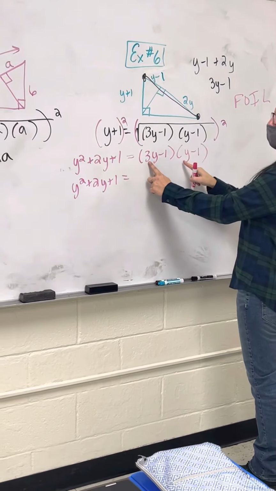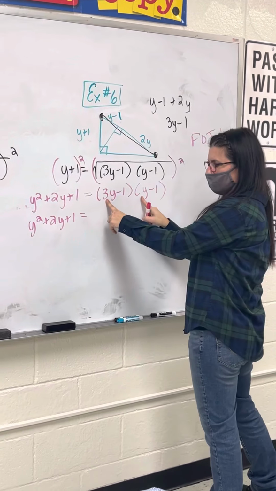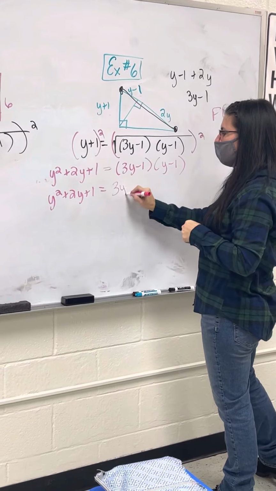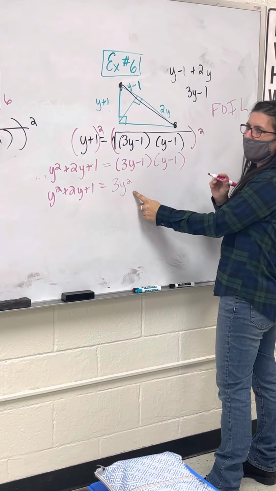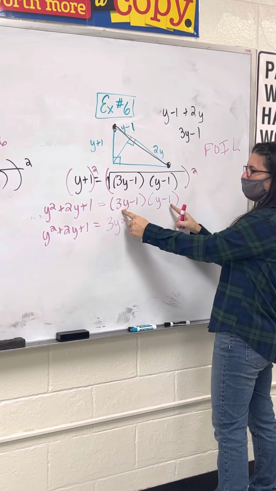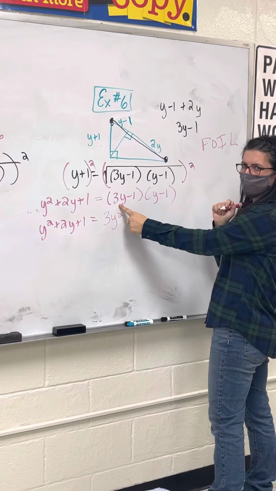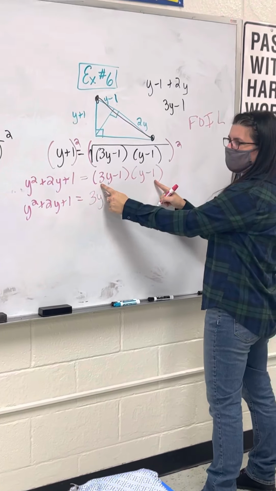So first, what's 3y times y? 3y squared, good. Because 3 times 1 is 3, y times y is y squared. That's my first. How about my outer? 3y times negative 1? Negative 3y, good. That's my outers.